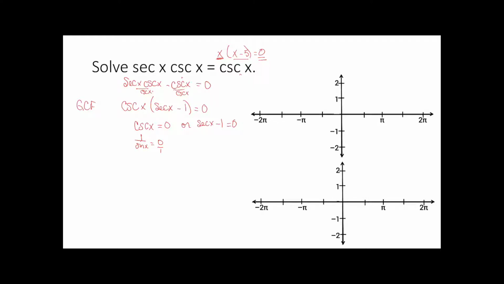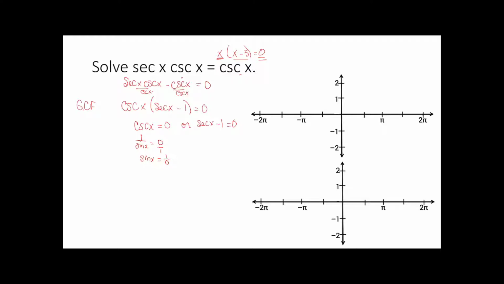If we want to know what's actually happening here, if we find the reciprocal of each side, we would have the sine of x is equal to 1 over 0, and we ask ourselves, is the sine ever undefined? And that does not ever happen.